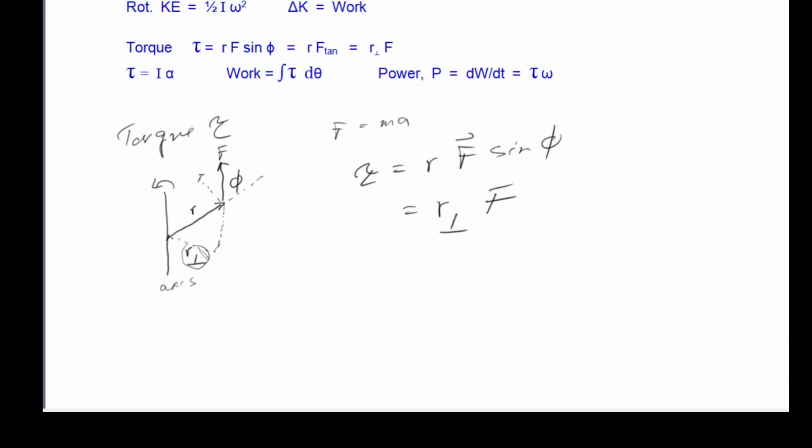So it's perpendicular radius times the total force. Or we can find the tangential force, and that's equal to the total radius times the tangential force, which is what F sine theta is. So there's two ways to calculate torque, and the units of torque are newton meter.